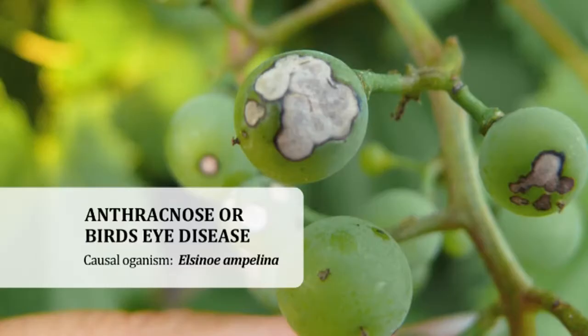Next important disease is the anthracnose or bird's eye disease. It is caused by Elsinoe ampelina. Now coming to the symptoms of the disease. The disease infects different parts of the vine, starting from the young shoots to fully mature fruit.